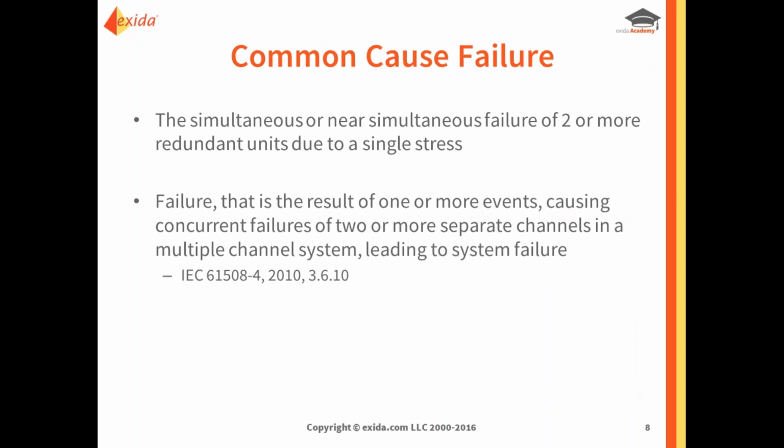So what is common cause? Typically, the definition is the simultaneous or near simultaneous failure of two or more redundant units due to a single stress. Or, if we look a little more formally at IEC 61508, Part 4, 2010 edition, Clause 3.6.10, it is the failure that is the result of one or more events causing concurrent failures of two or more separate channels in a multiple channel system leading to failure.